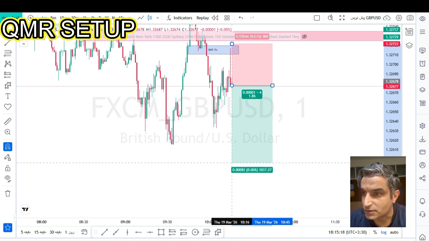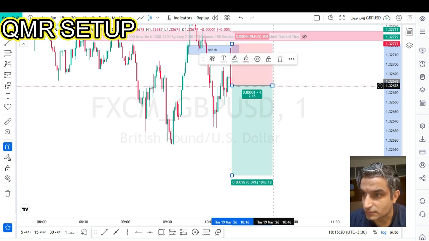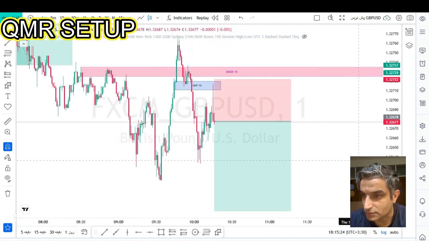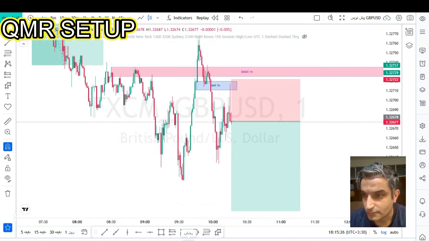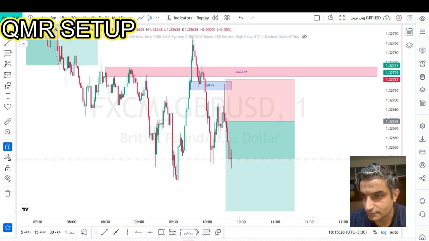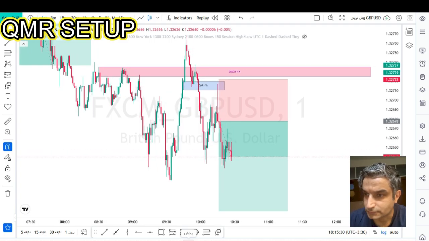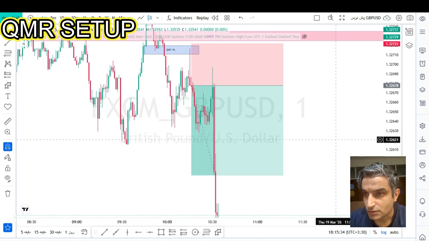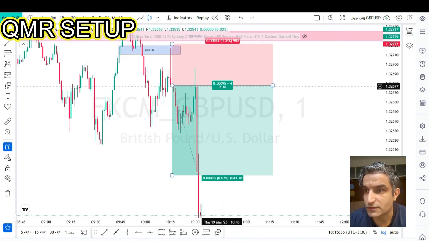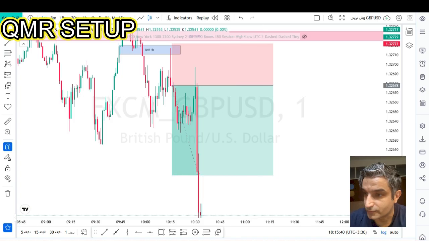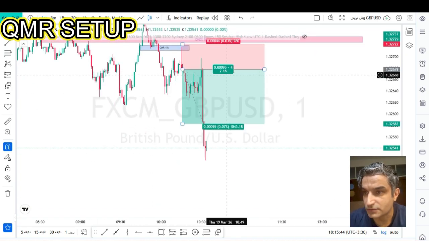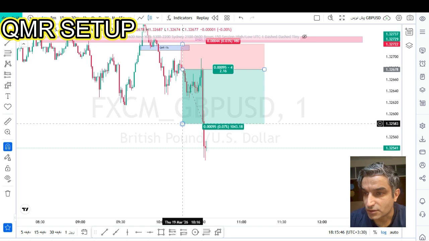Risk reward ratio, put it in there, 2. Okay. As you see, price gave our risk reward ratio 2.102, and it's more, but I prefer to take it just here. You can take it more and more.